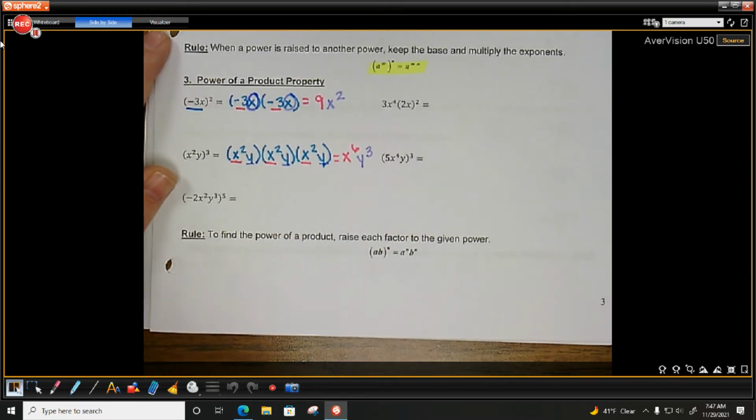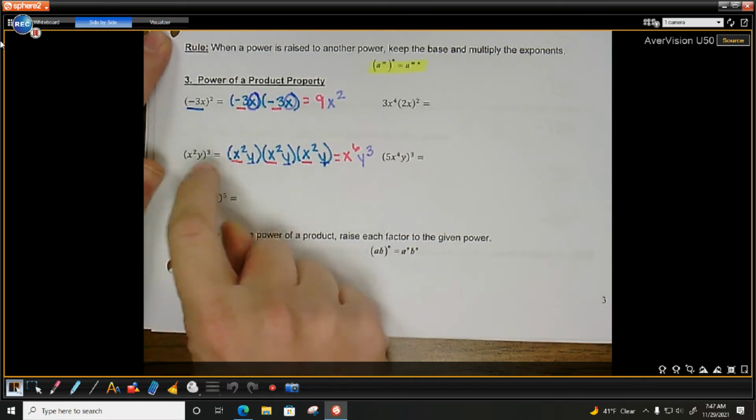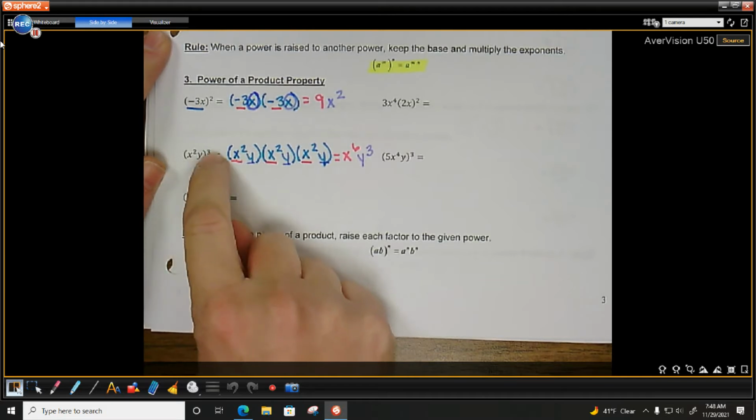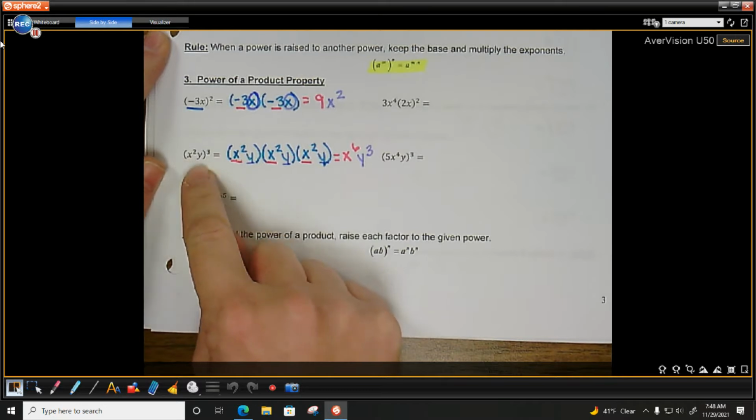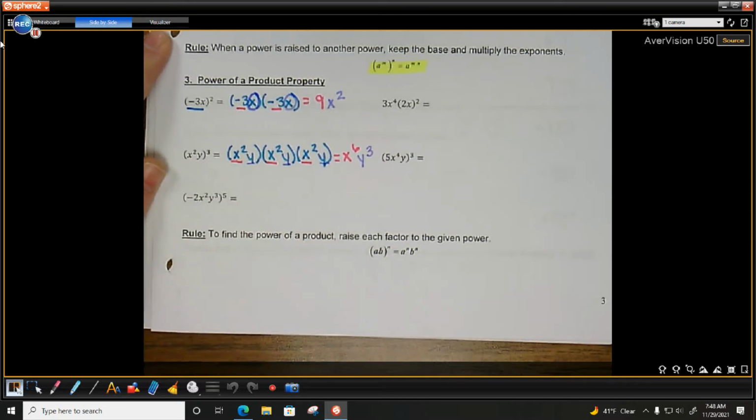Does anyone notice the pattern here? If you have two bases in the parentheses raised to a power, what do I do with that power? Multiply it by both of my bases' exponents. If you don't have an exponent, what's your understood exponent? 1.